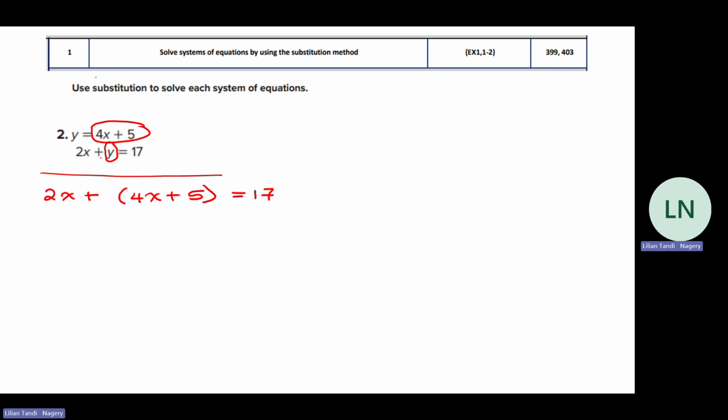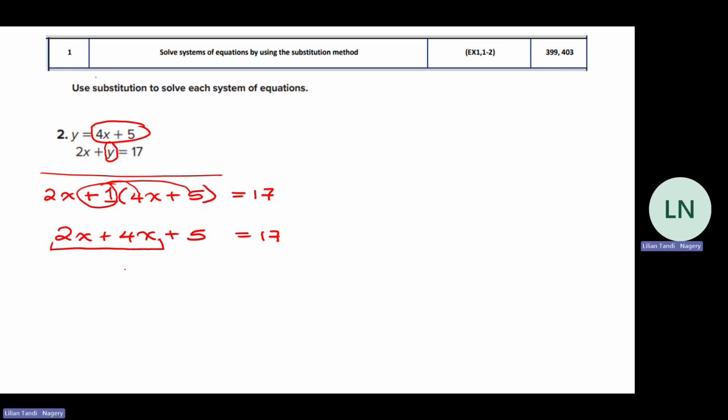If you look here, there is no number, so that means you will put 1. Then you will do the distributive property. So you'll have 2x plus 4x plus 5 equals 17. Positive 1 times 4x is positive 4x. Positive 1 times 5 is positive 5.